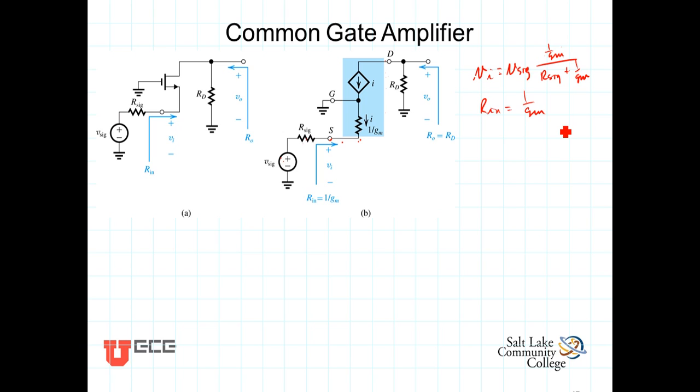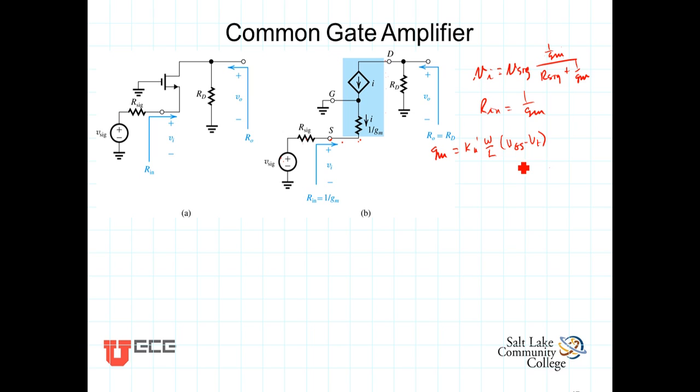While we're at it, this is a good place to remind ourselves of what g_m is. g_m, you'll recall, is equal to k_n' W over L times the overdrive voltage V_GS minus V_T. So it turns out that g_m is a relatively large value, and 1 over g_m, the input resistance, is relatively small.